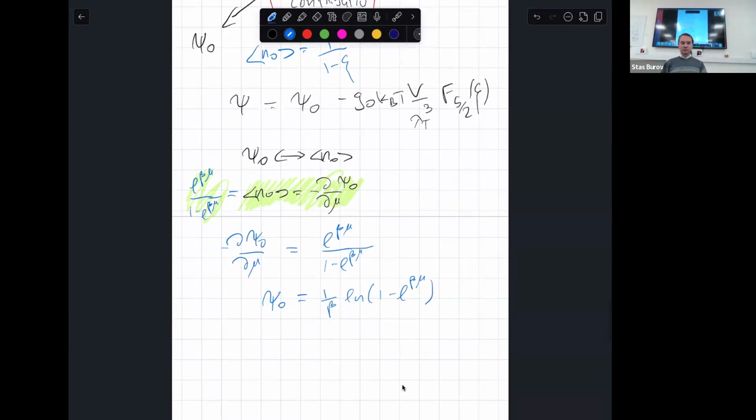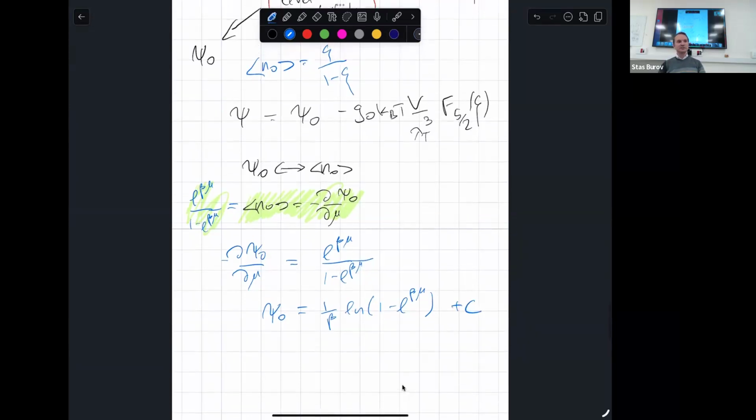How do you determine the constant? Which constant? Do you have any integration? So you want a plus C over here. Yes. Does it matter if I add to the grand canonical potential a constant value? Remember, what is this psi? It's the thermodynamical potential. If I'm talking about energy, does it matter if I add to energy a constant?